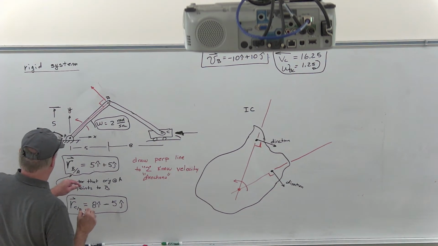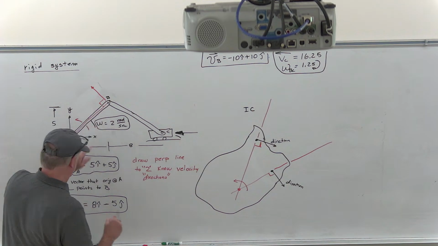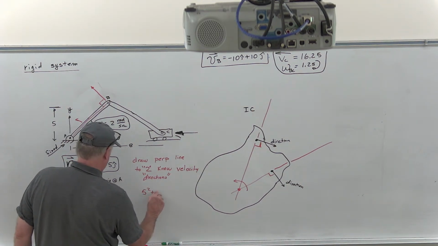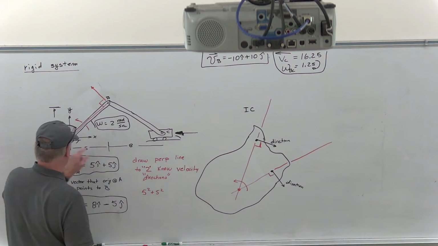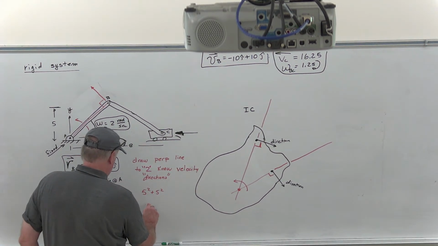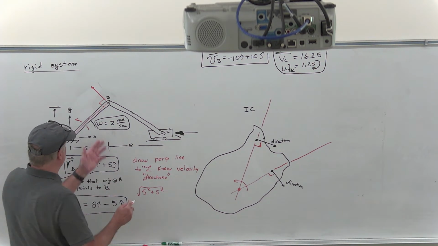Now, I can find its value. What's the length of that? 5 squared plus 5 squared, and it's the square root of that. And then times omega.